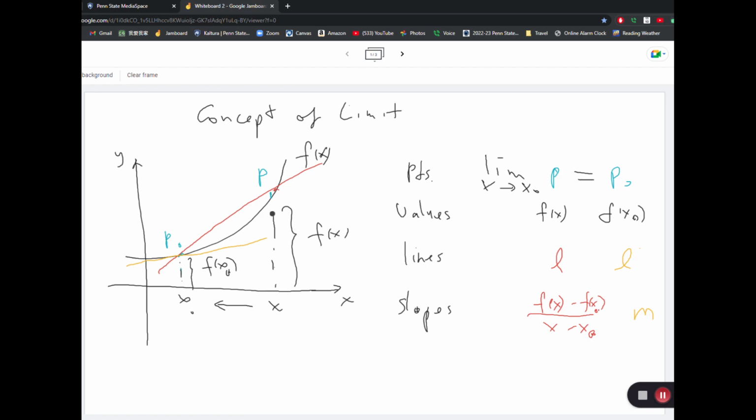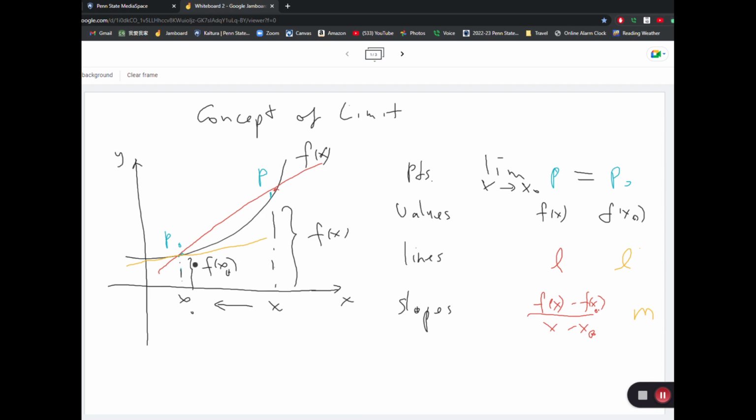Next, let's examine the value. So the value of f of x is also the y-coordinate of p, or the height of p, right? Now, let's look. When x approaches x0, we can see as p moves along the graph towards p0, the height of point P will approach the height of P0, which is f of x0.